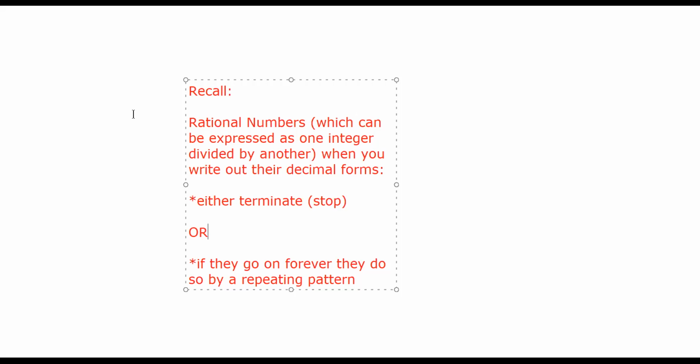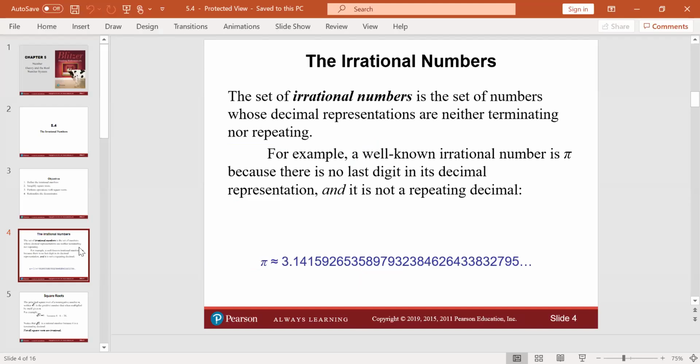What we're going to see then is if you have neither of these cases, if you have a number that goes on forever and does not repeat a pattern, you're going to find that that is called an irrational number. That is almost the very definition of irrational numbers.